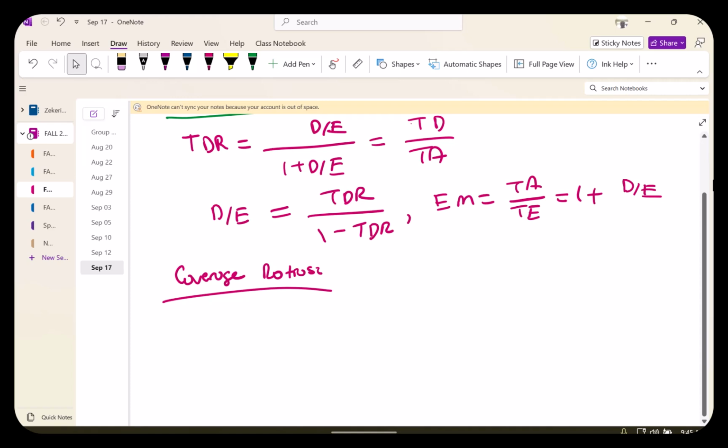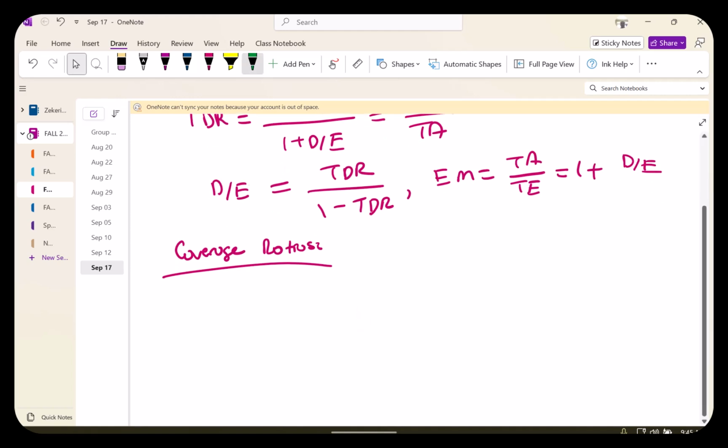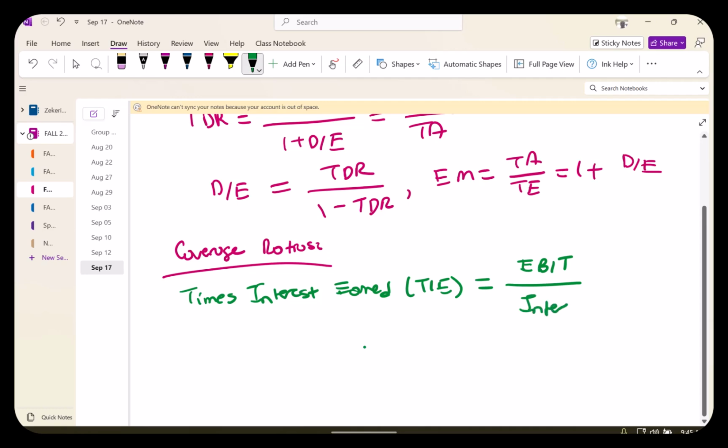These look at, given how much money you make, something like net income, what is your ability to cover your interest payments? The first one we're going to talk about is times interest earned. We're going to abbreviate that to TIE. For that, we're going to divide EBIT by your interest expense.